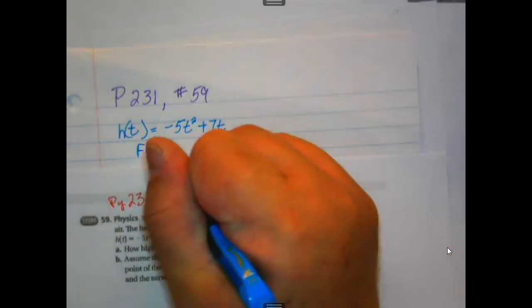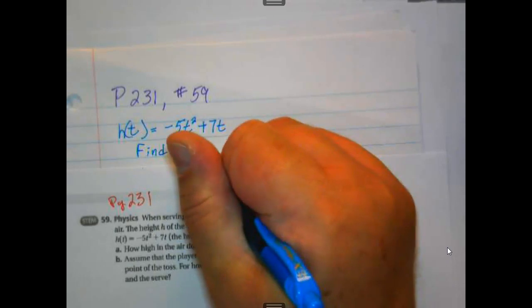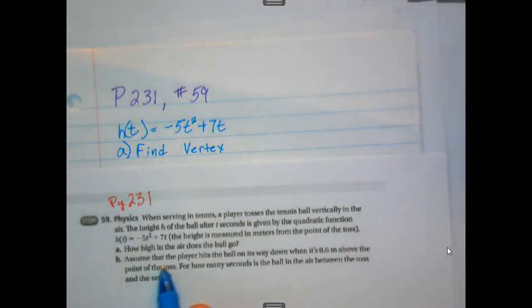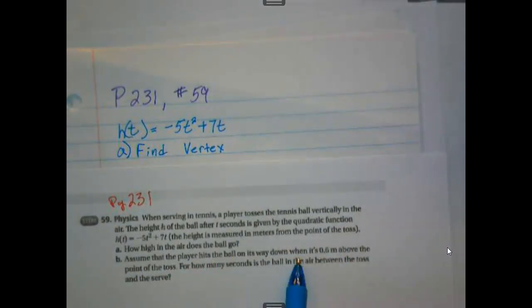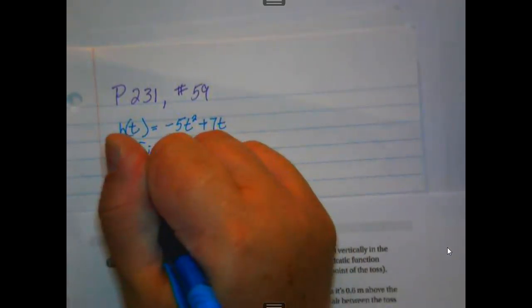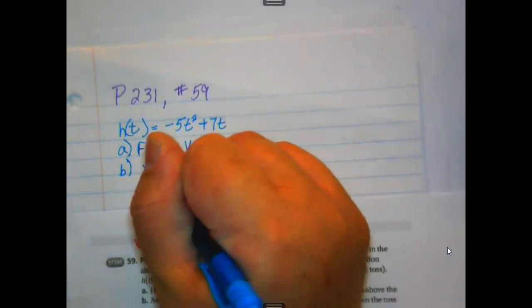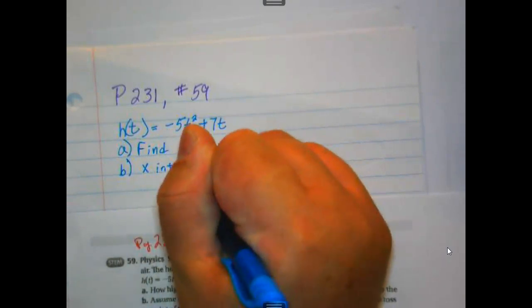So we need to find the vertex of this parabola for A. And then B, assume that the player hits the ball on its way down when it's 0.6 meters above the point of toss. For how many seconds? So we're trying to find seconds again. So B, we need to find the x-intercept for time.